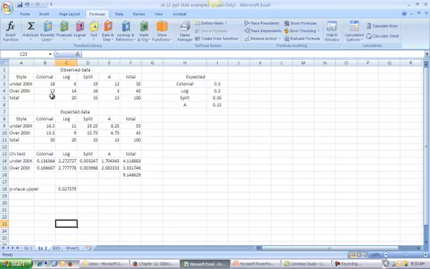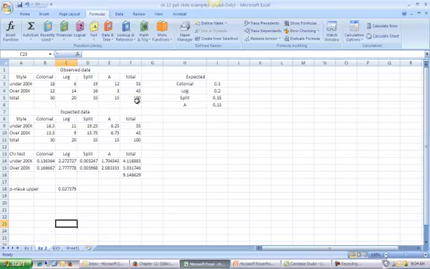So in order to get the expected number of colonials under 200,000, it would be 55 times 30 divided by 100. So it's just saying, look at the proportion that are under 200, so the row amount, then look at the proportion that are under the column amount and divide that by your total value. So that's how we're coming up with our expected values.